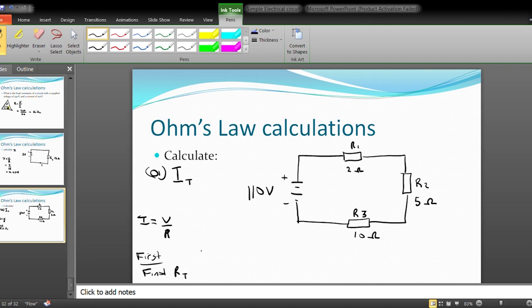Now in a series circuit, RT is equal to R1 plus R2 plus R3 and any other number of resistors that are connected in series.